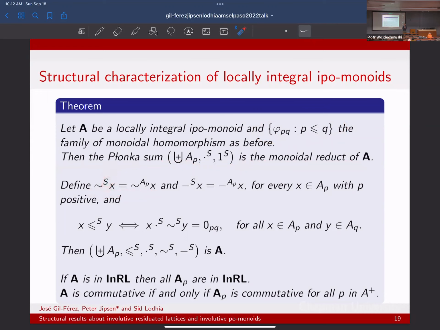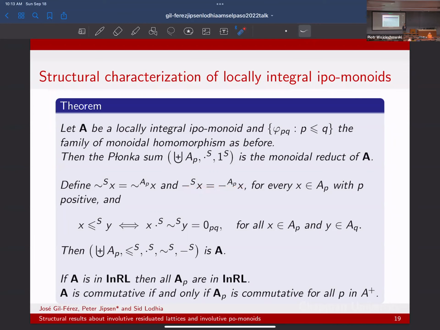S here stands for the big structure, which is the disjoint union of all these components. You can define tilde on it by just saying it's the same as in each component, because the components are disjoint and they each have their own tilde. So unary operations just glue together in this very simple way.